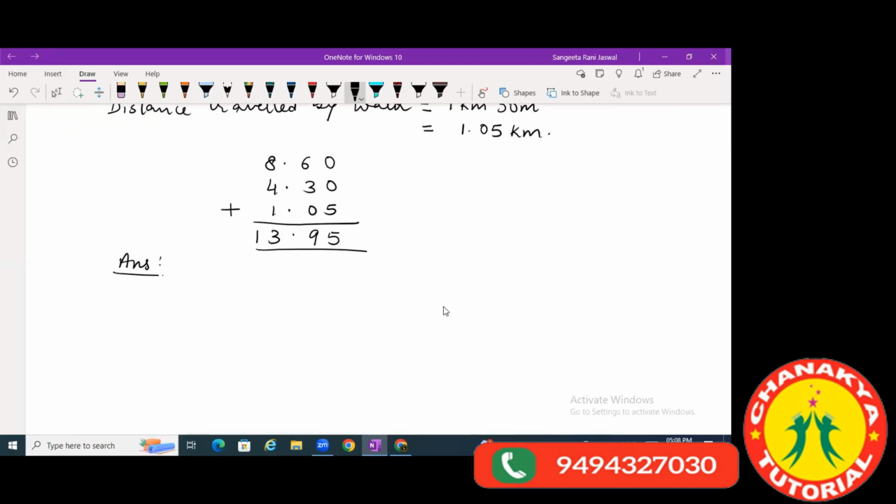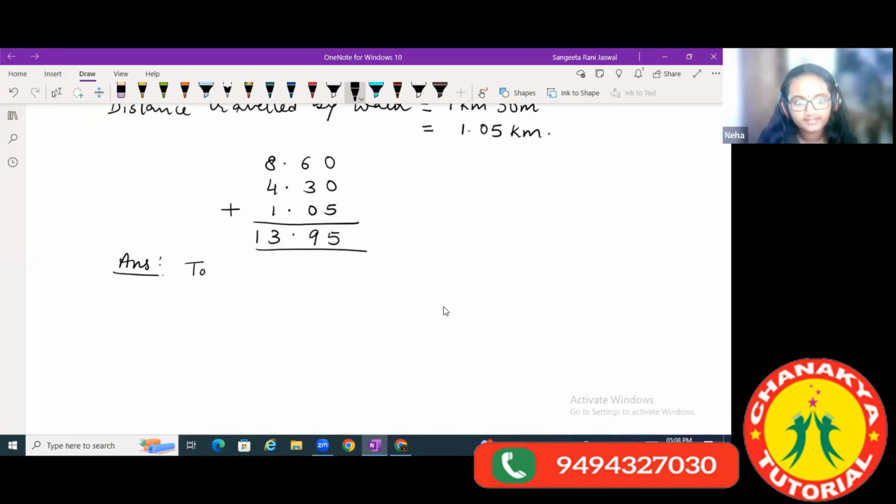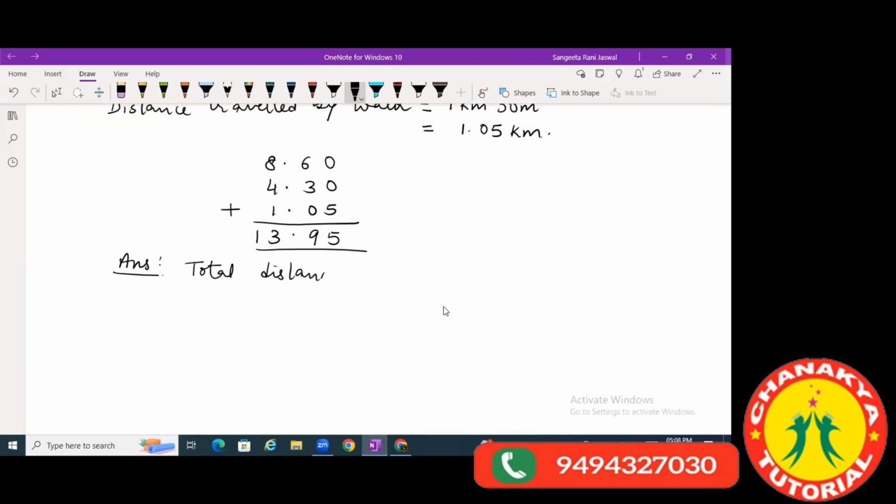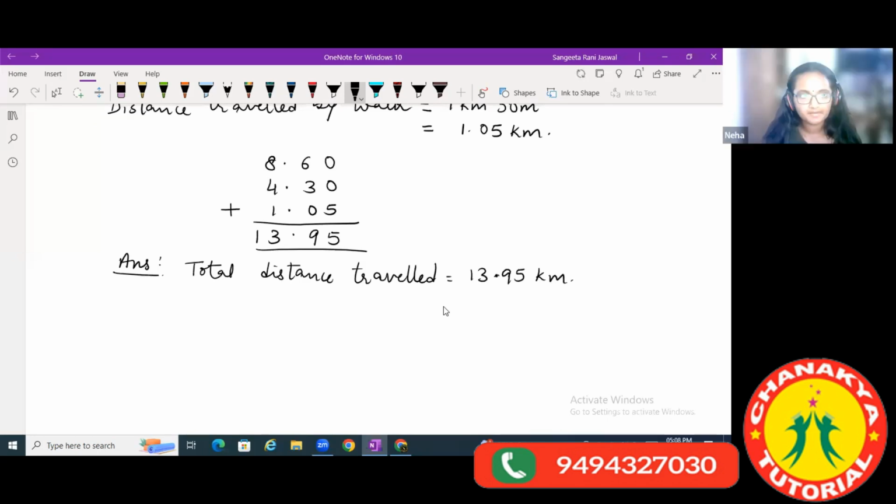Now, this is the total distance, no? Total distance traveled by Kuldeep is equal to 13.95. So, I will write total distance traveled is equal to 13.95 kilometers. Okay? Right, children? Yes, ma'am. Okay.